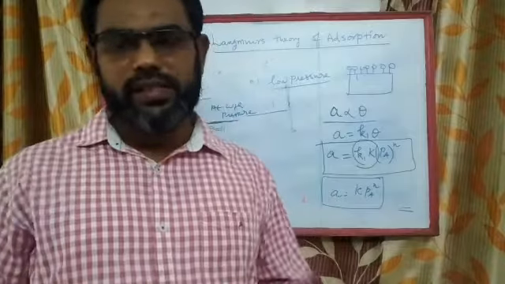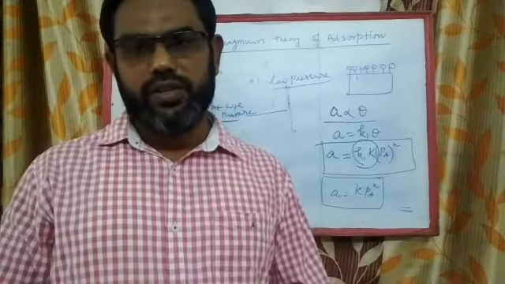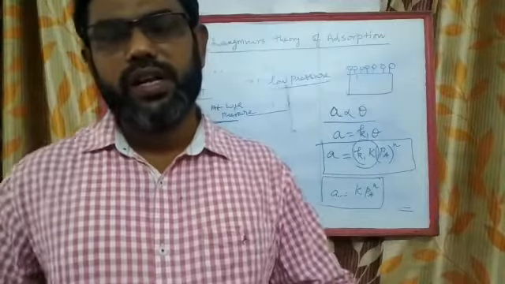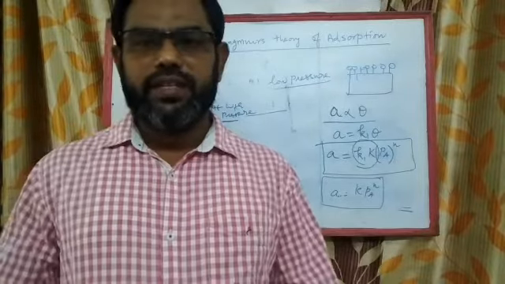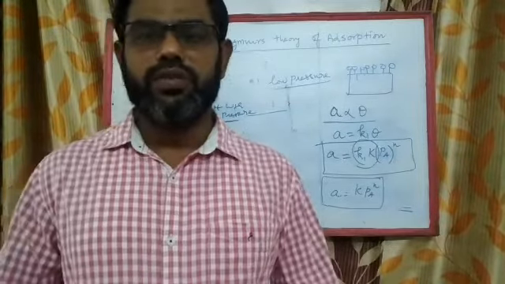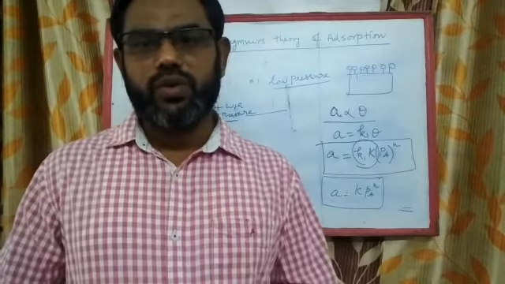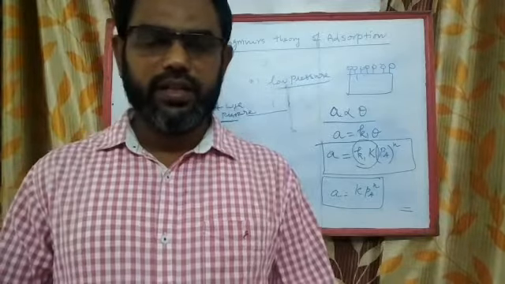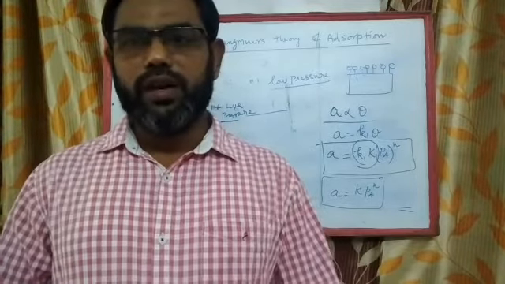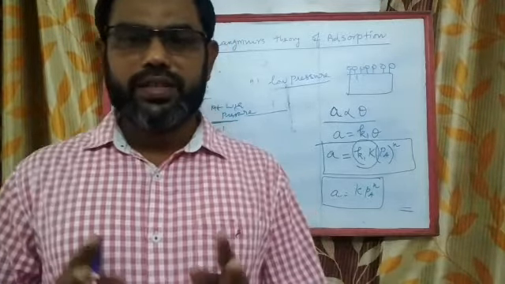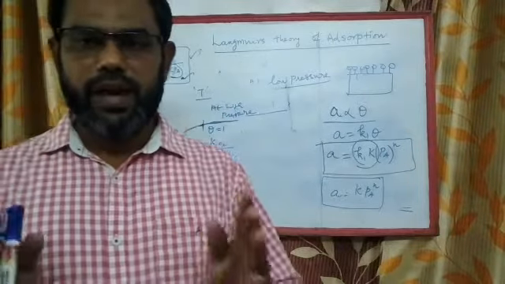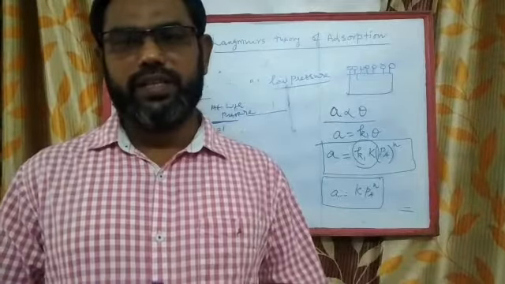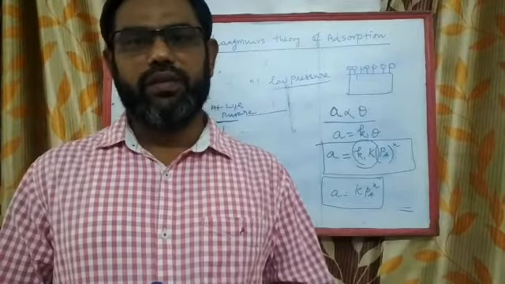He derived this adsorption isotherm based on certain assumptions. Assumption 1, the surface is uniform, homogeneous by nature. Number 2, the adsorbed molecules are independent of each other. The number of molecules adsorbed at one site is not disturbed by the neighboring adsorbed molecule.